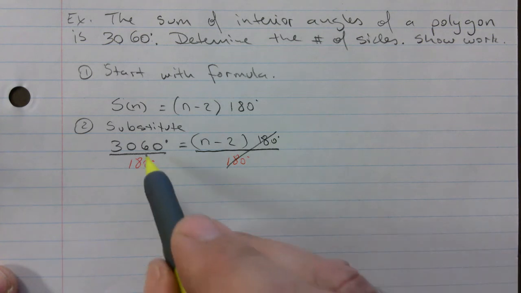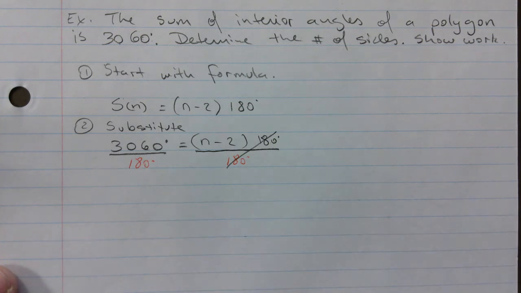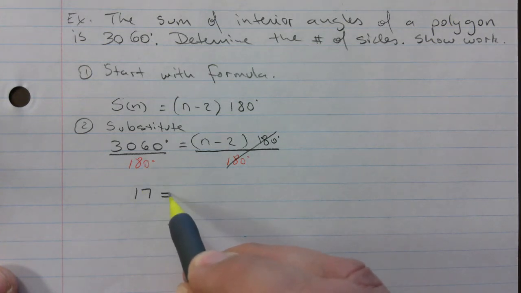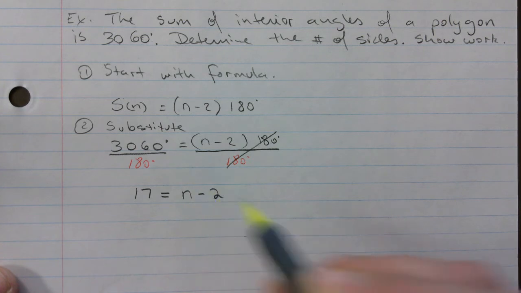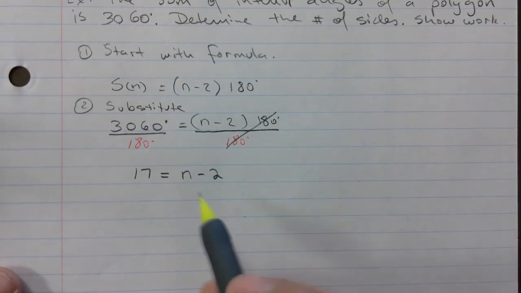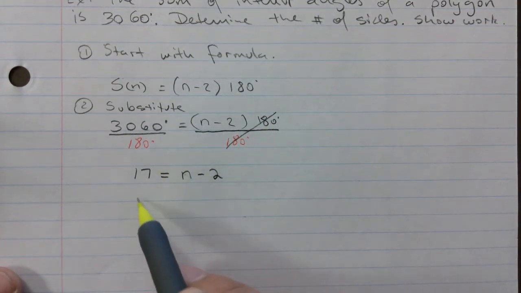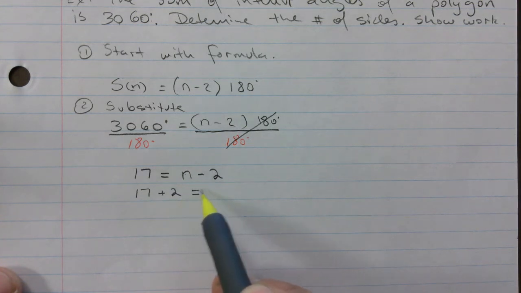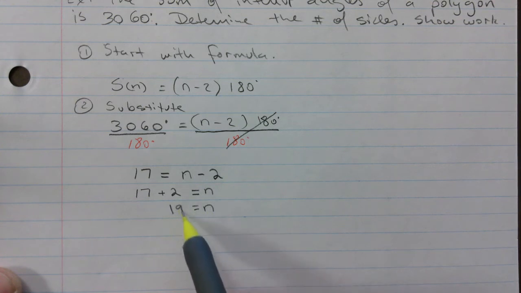So let's cancel that, and then we get 3,060 on the other side. That gives us 17 is equal to n minus 2. And I will just keep the n here and bring the 2 over. So it's 17 plus 2 is equal to n. N is equal to 19.